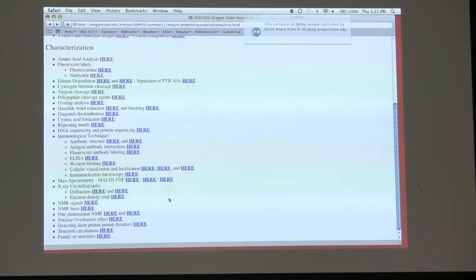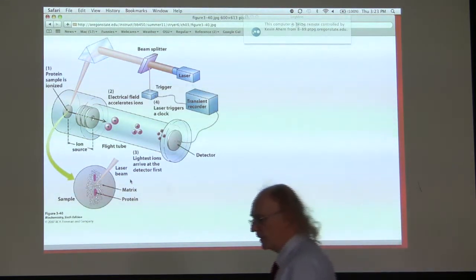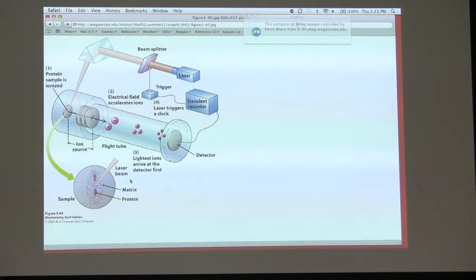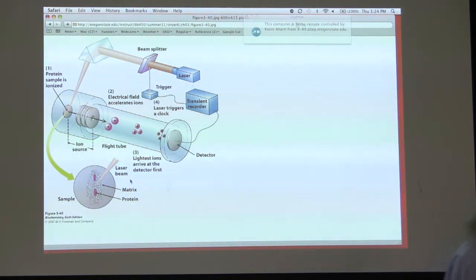MALDI-TOF is shown right here. Now, if you've ever taken an organic chemistry laboratory, you've probably learned something about mass spectrometry. If you haven't, I will tell you very briefly. Mass spectrometry is a technique for determining the mass of a molecule. Modern mass spectrometry is exquisitely sensitive and exquisitely able to determine those molecular masses.